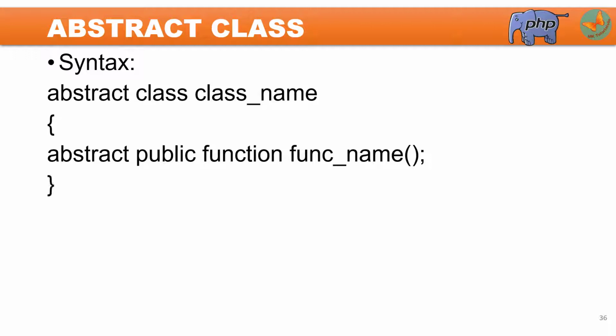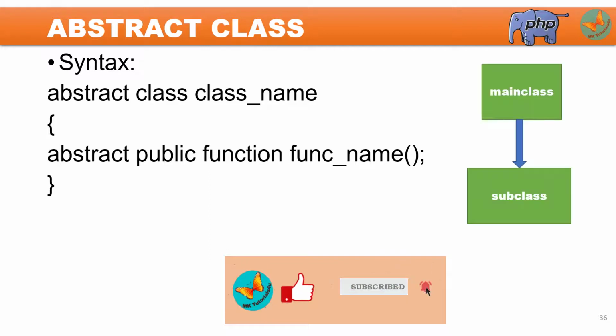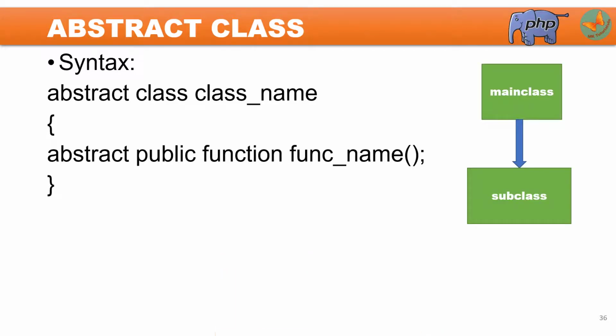Other than this, it can consist of any normal properties and methods that we usually declare in the concrete class. So this abstract class is our main class, that is the base class, and this abstract method will then be implemented by the subclass or the child class. It is the responsibility of the child class to implement this abstract method in its body.